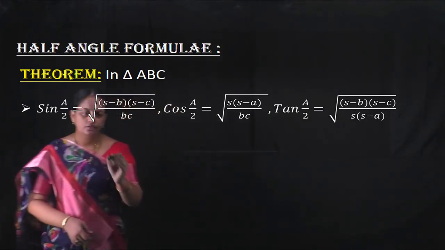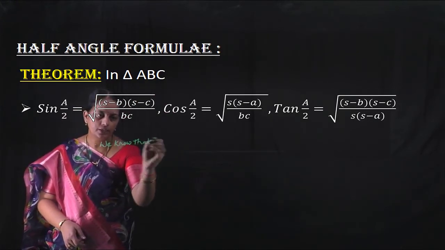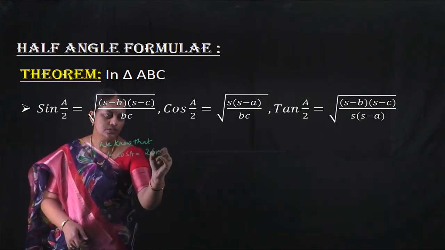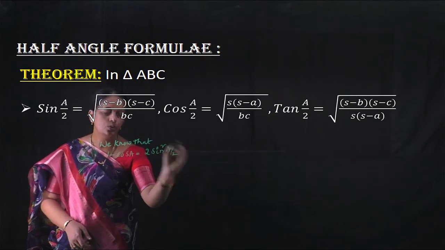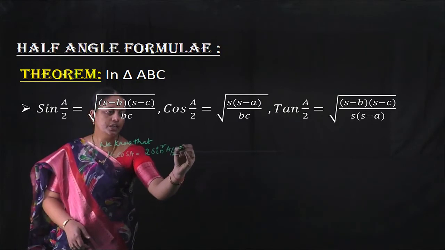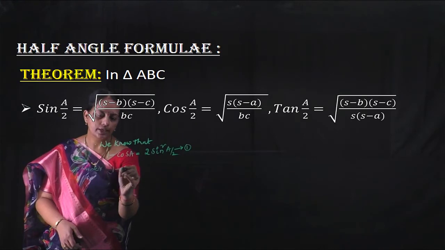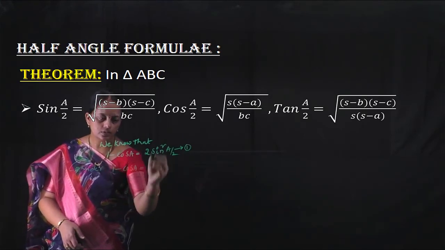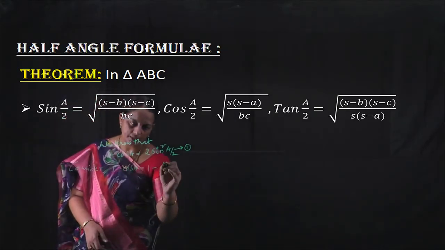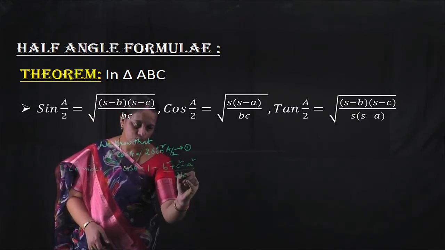We know that 1 minus cos A is equal to 2 sin square A/2. Let it be equation 1. Consider 1 minus cos A. This is equal to 1 minus, from the cosine rule, cos A, which means (b square plus c square minus a square) by 2bc.